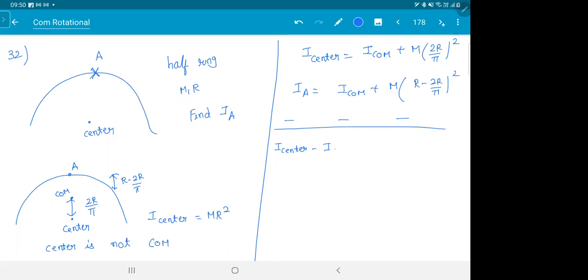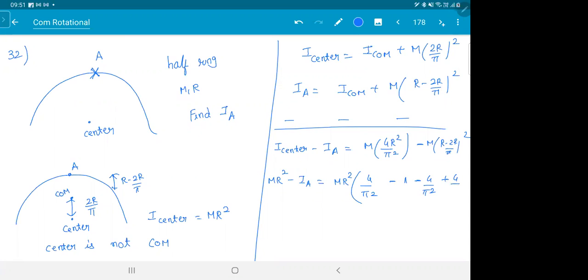So I center minus IA is m into 4r square by pi square minus m into r minus 2r by pi whole square. I center is mr square.